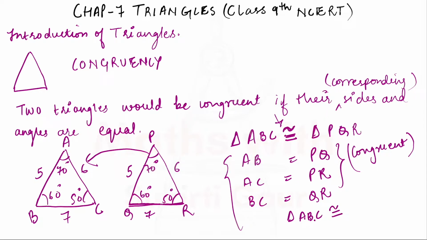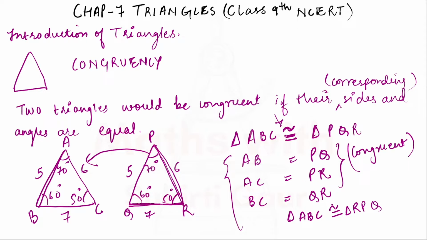But if I write triangle ABC is congruent to RPQ, that would not be correct. Although RPQ is the same triangle, our naming is not proper. If I start with triangle ABC, I get the first side as AB, whereas if I start with RPQ, I get the first side as 6. So these namings are also very important.